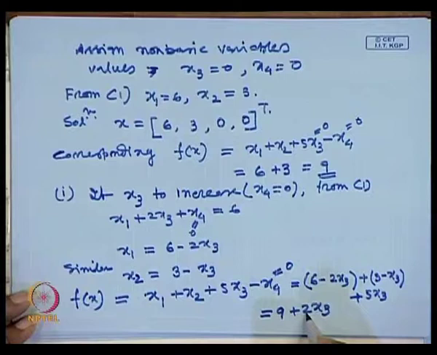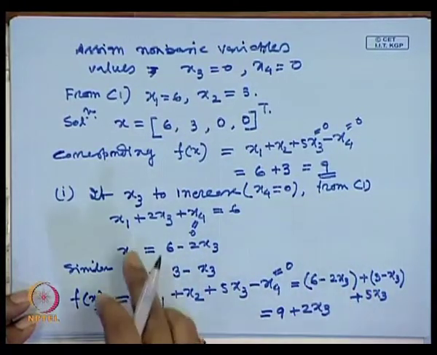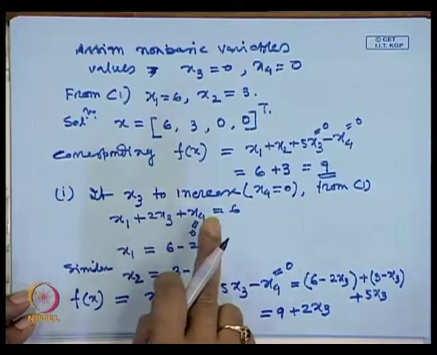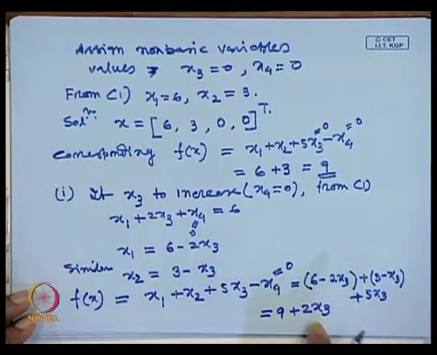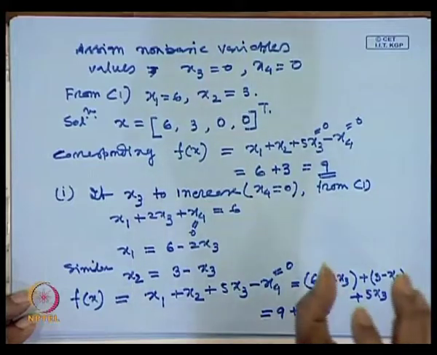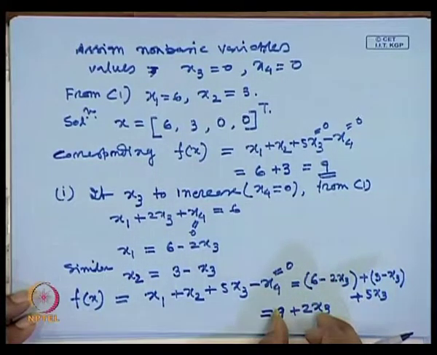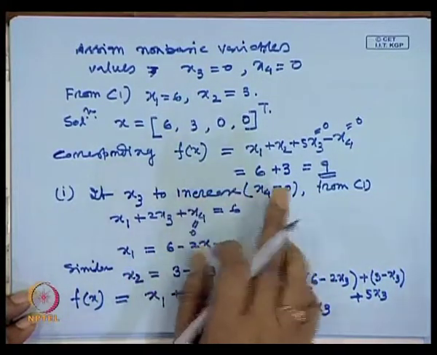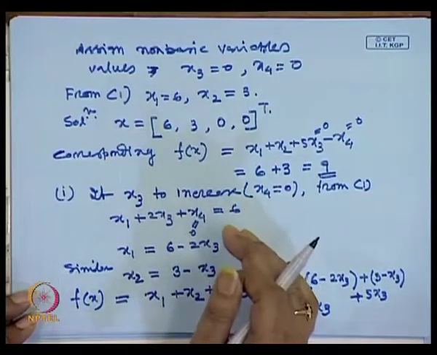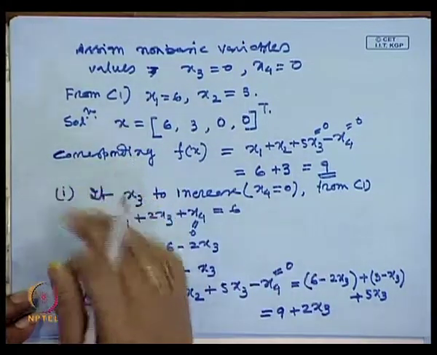So 2 is positive and x3 value is greater than 0, we are increasing this value greater than 0. So now this value is increasing, the function value is now increasing. So x3 we cannot select as a basic variable.